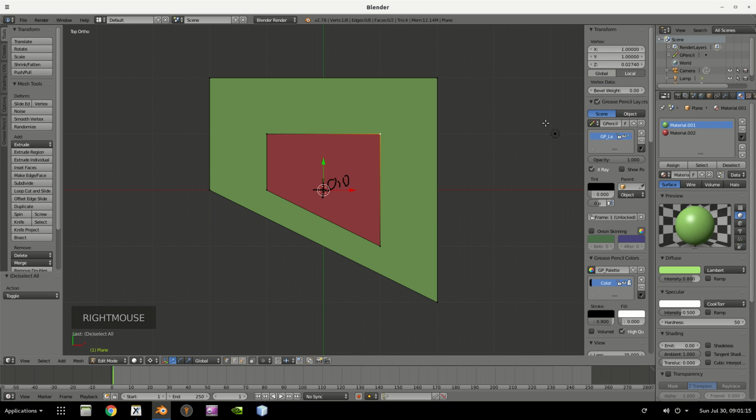So this point is originally at 1, 1, and after scaling it becomes 2, 2. This point is at 1, -1 originally. Let me label them so it's easier to talk about them. This is P1, this is P2, P3, and P4. We got 4 points.